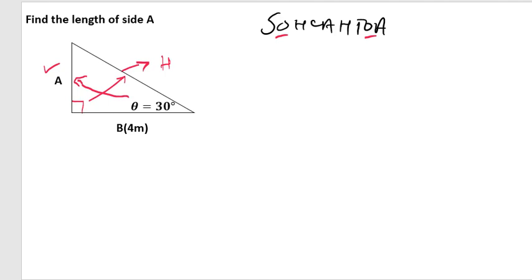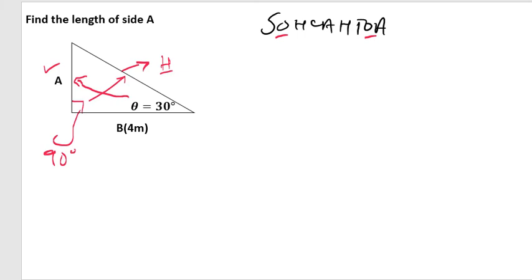This hypotenuse is always opposite to your 90 degrees. Remember, this angle is always 90 degrees, that's why they call it a right angle. So your hypotenuse is always opposite to your 90 degree angle.